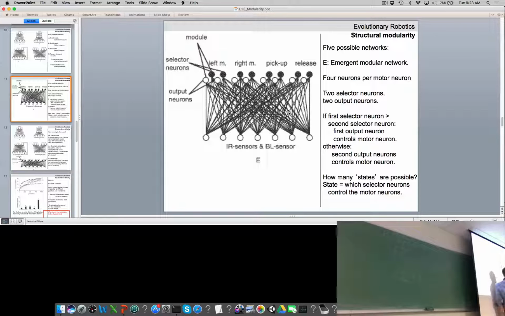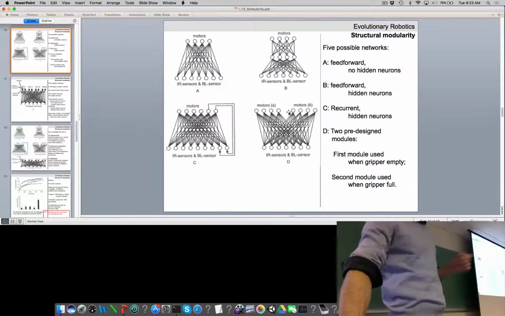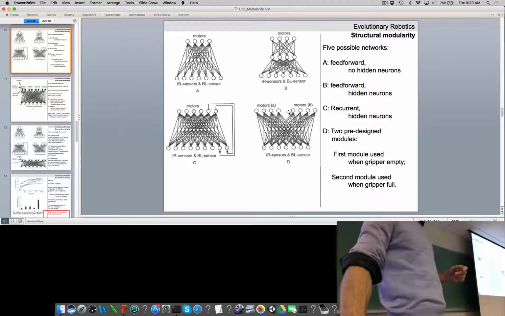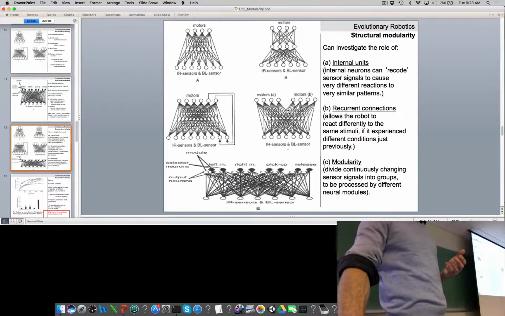The selector neurons behind never change their relative values. That would be evolution basically saying, thanks for the modularity, but I don't need it. I'm just going to do what I normally do. Actually, in that case, you would expect it did perfectly fine with network A, right? It doesn't need any modularity. Okay, you can again probably imagine from all this build-up that that's not going to be the case.